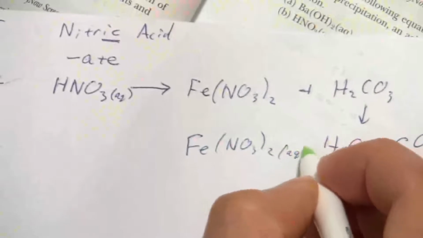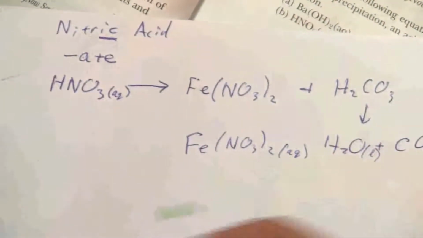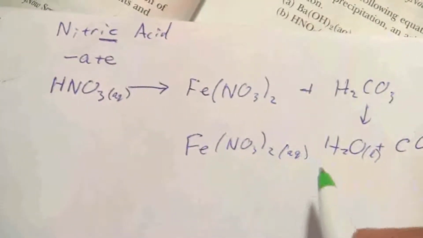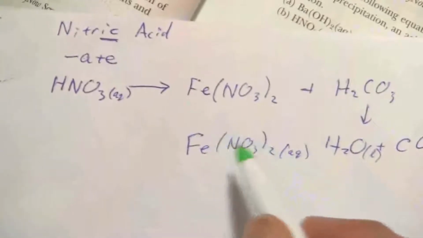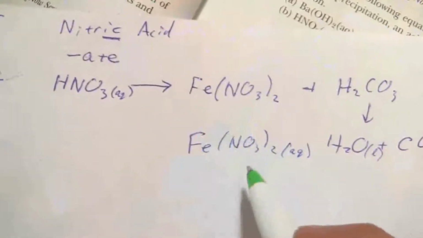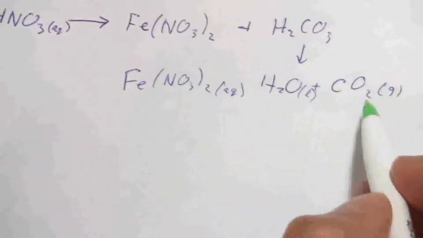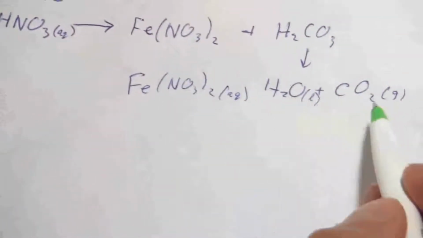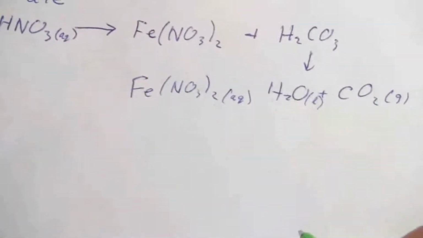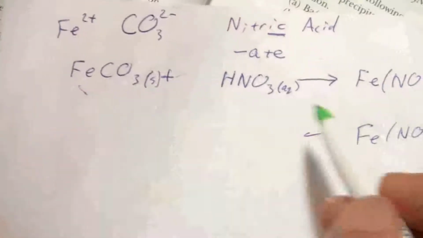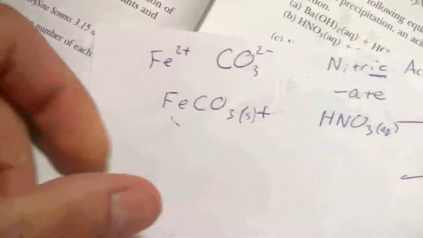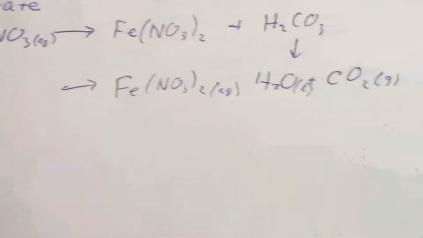I'm writing it like this because we're not interested in the net ionic equation. If I were going to write the net ionic equation, I would break this apart. However, these ones I would leave alone. They're not ionic compounds, so I just leave them the way they are. And then I have those same reactants. All right, so that is my completed equation.